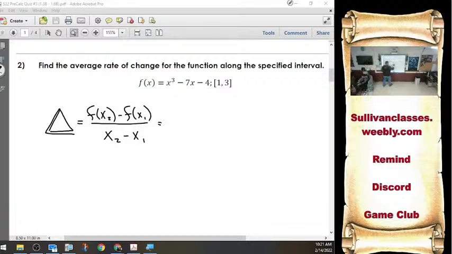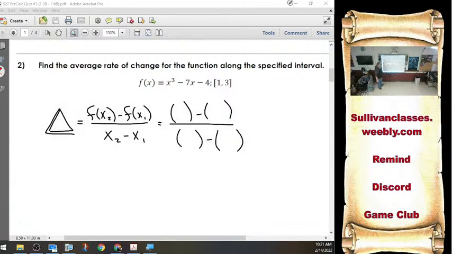I use parentheses so I don't screw up negatives. And then I know x sub 1, x sub 2. To get the y sub 2 and y sub 1 that go with them, plug them in.